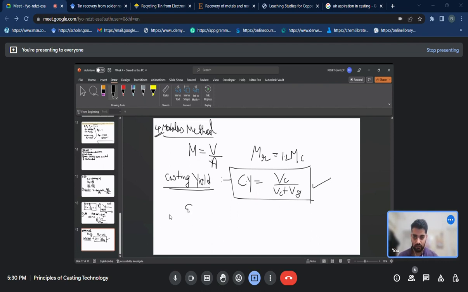Okay, and then one more thing: the ideal shape of the sprue is a parabola. But due to difficulty in manufacture, it is made tapered.